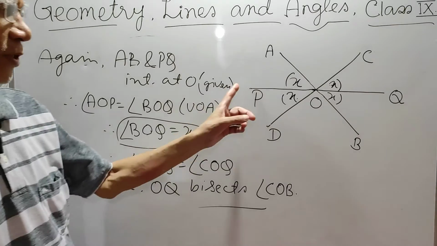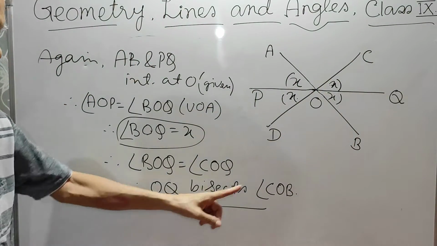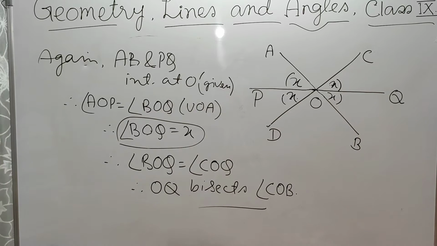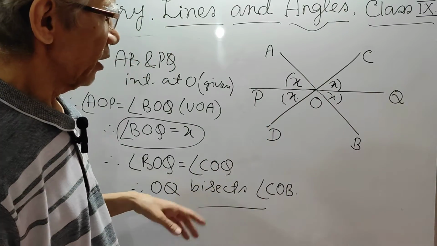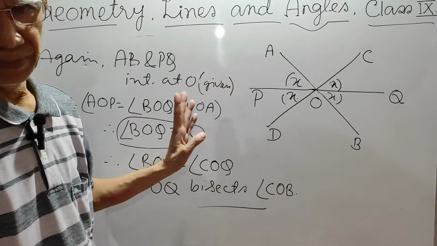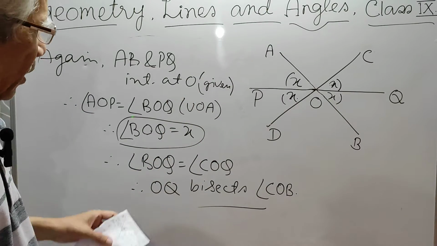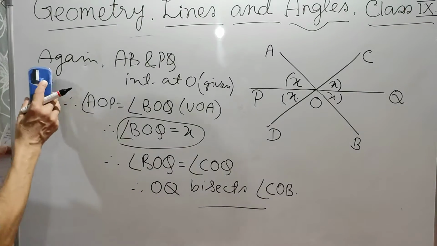So you had to prove this, OQ is a bisector of COB. Again you see, you have used the knowledge of vertically opposite angles. Okay, next let us see this one.